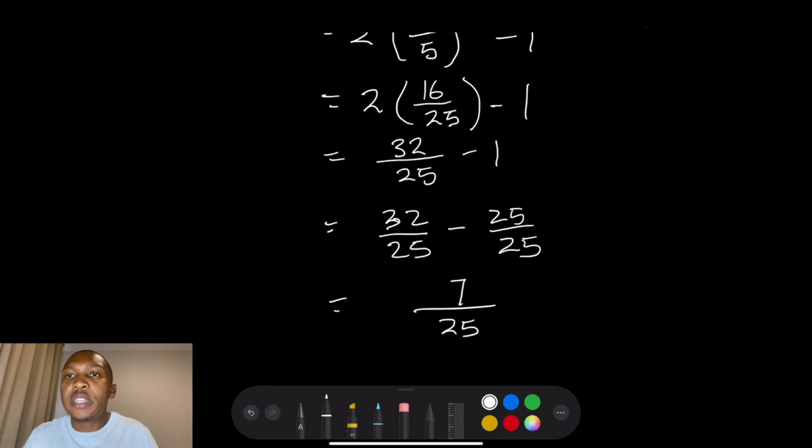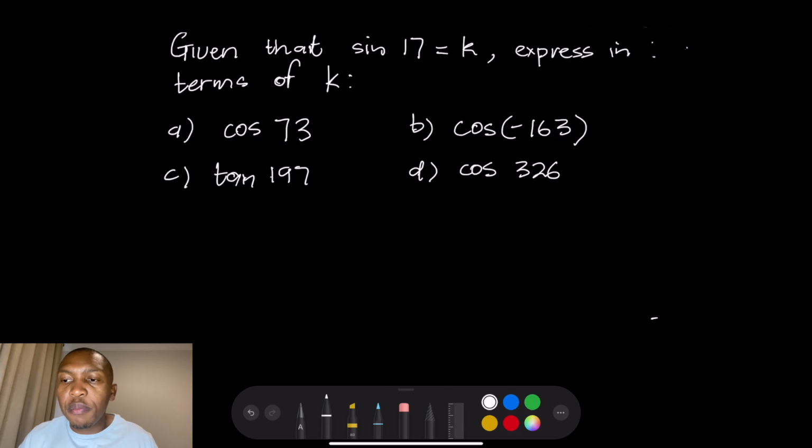All right, and I just want to take one last question, which has to do with a variable. So let's look at the third example. They say given that sine of 17 is equal to k, express in terms of k those different ratios. So in this case, nothing is different.